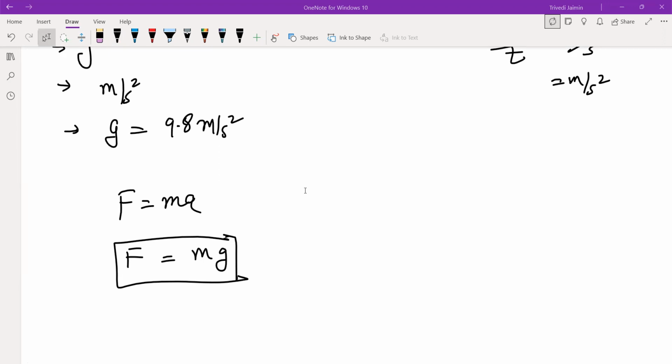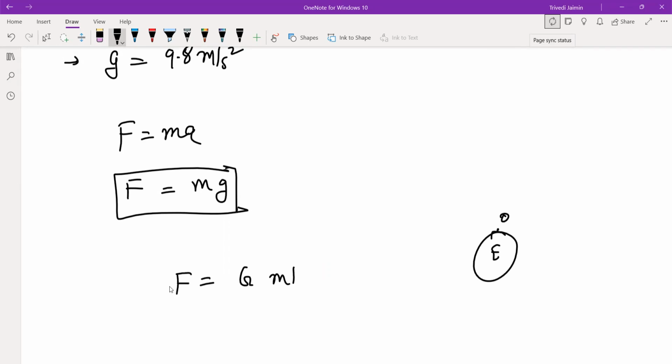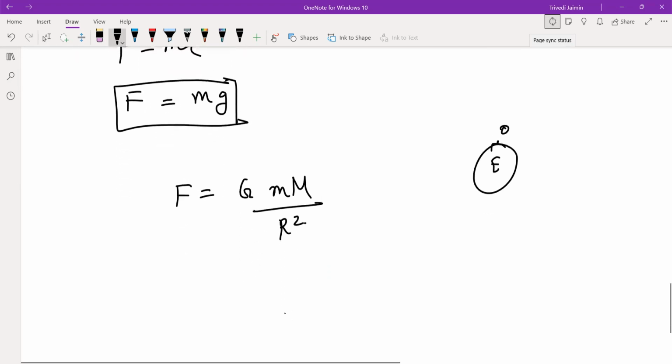Now let's find out the relation between small g and capital G. So for that, we'll take the mass of Earth and an object on the Earth. So this is Earth, mass of Earth capital M, and the object m. Force equals G M m by R square, where the distance between them is the radius of Earth, capital R. So here we wrote F equals mg.